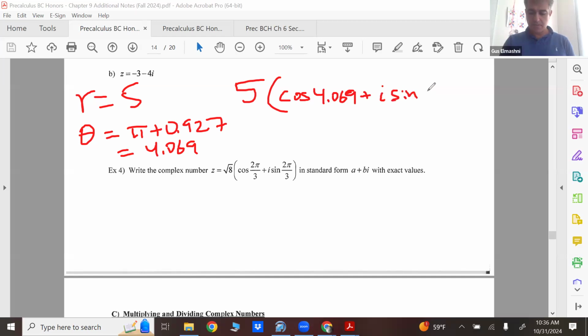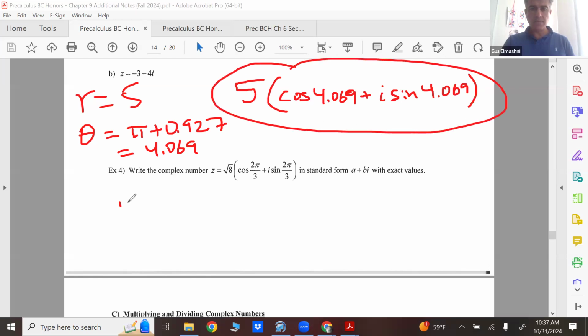I need theta, I guess. Degrees. 53.12. So, yeah.